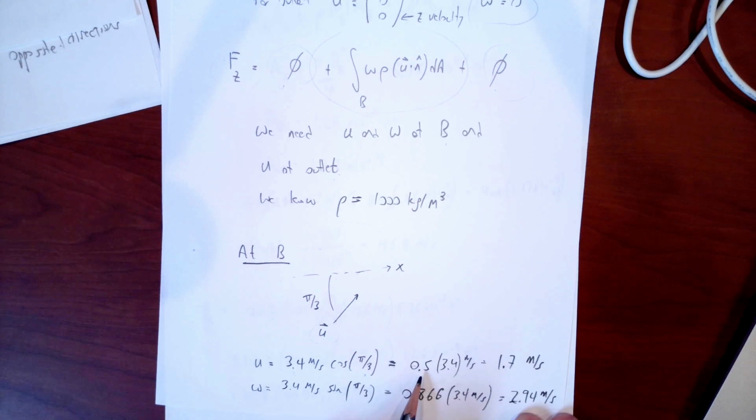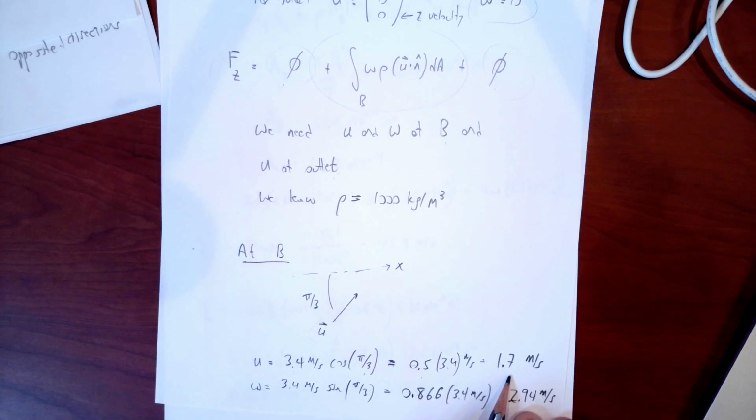That gives me 0.5 for the cosine value, so 3.4 gives me a U velocity of 1.7 meters per second at the B surface. For W, it's 3.4 meters per second times the sine of pi over 3. The sine of pi over 3 is 0.866. Therefore, I have an upward positive z velocity of 2.94 meters per second.